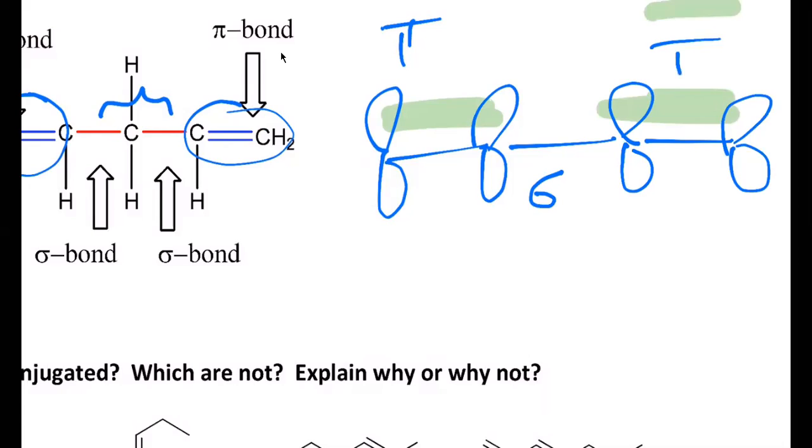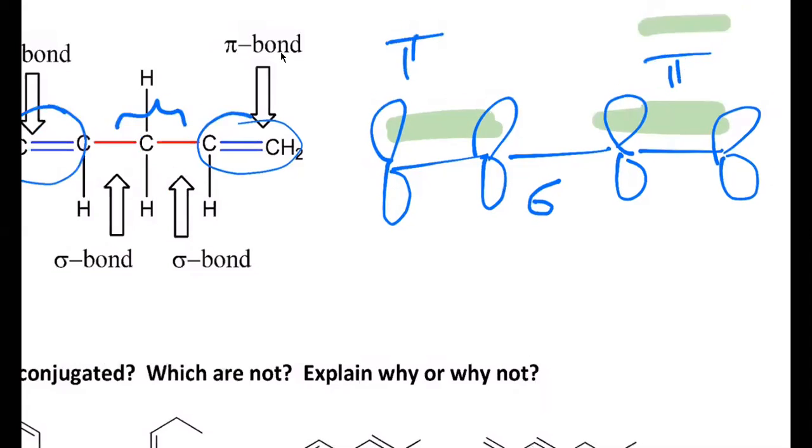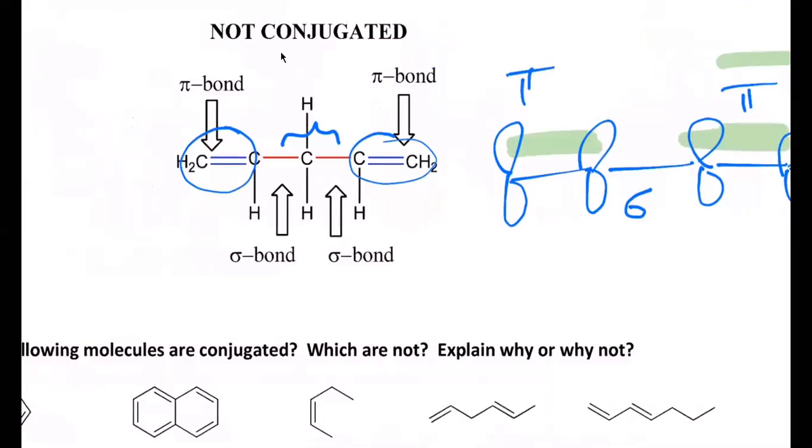Because the whole idea behind conjugation is that you're creating a larger molecular orbital from individual atomic orbitals. All right, so we'll talk more about that in a second. But if there's more than one sigma bond between the two pi bonds, then the system is not conjugated, right?